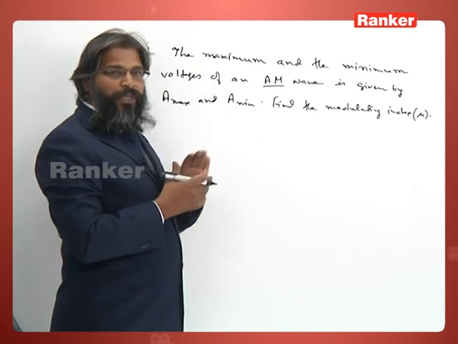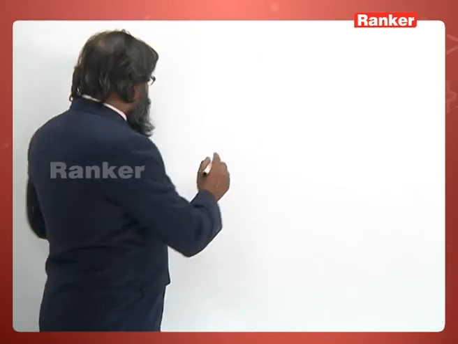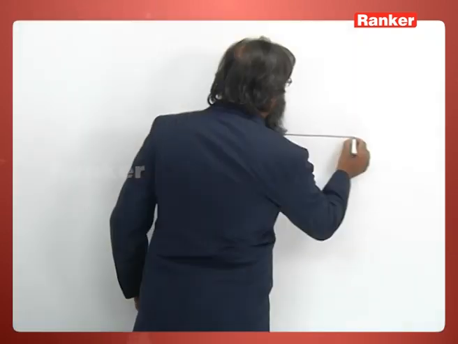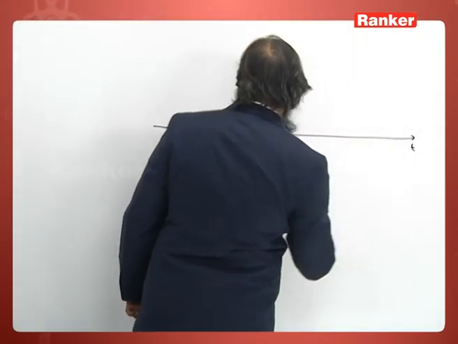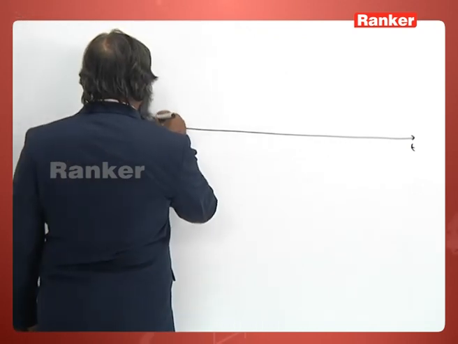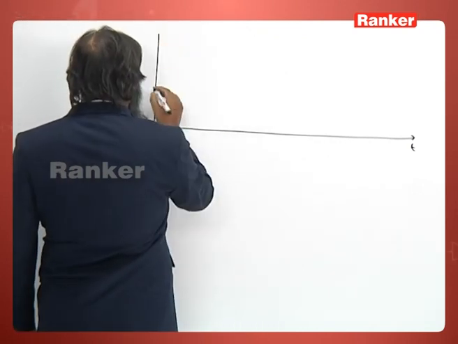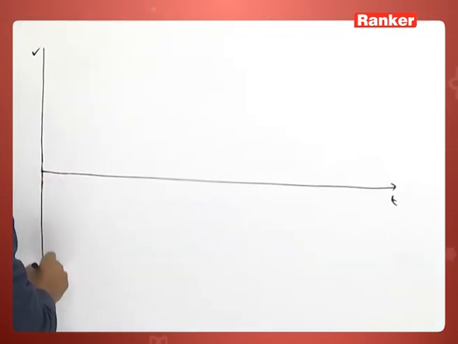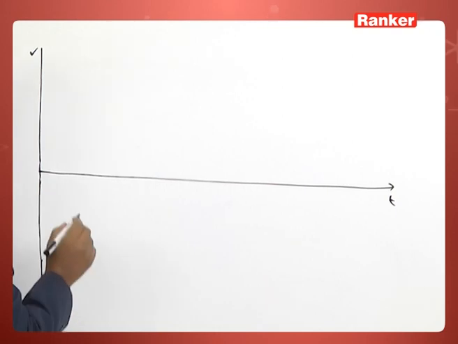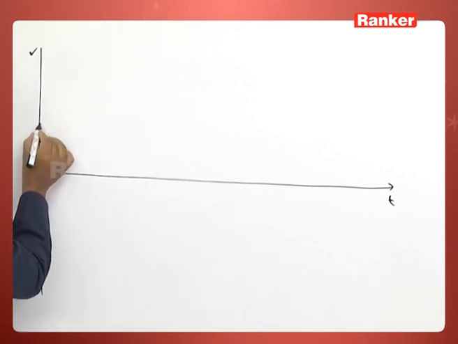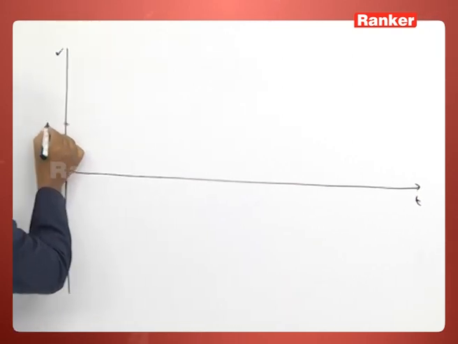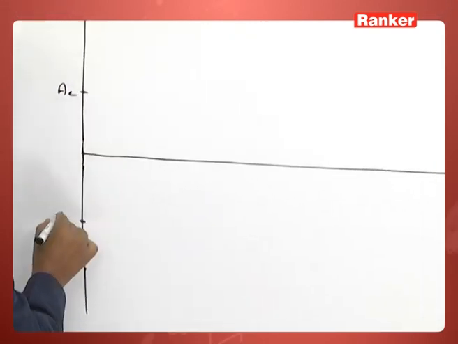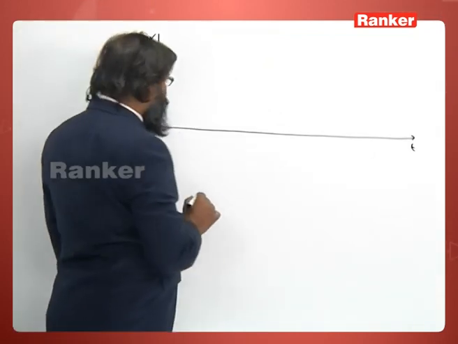So by this we want to know how amplitude modulation is taking place. Now let us draw: time is plotted here and voltage is plotted here, with the positive side and the negative side. Now suppose this is the amplitude of the carrier wave, AC, and this is minus AC.